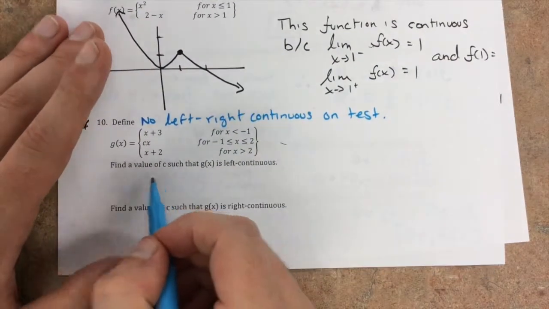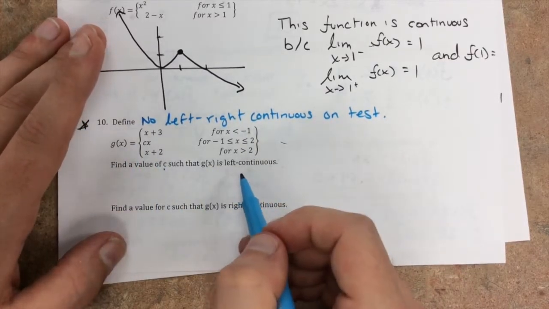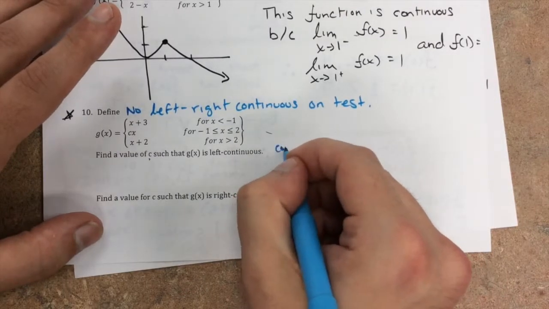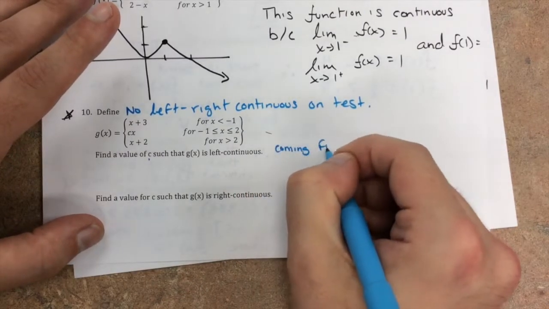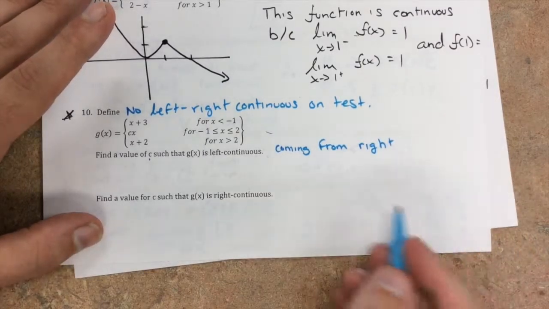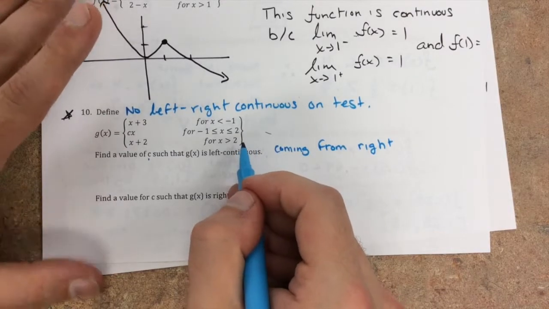So if I'm finding a value for c such that g of x, which is our function, is left endpoint continuous. Left endpoint means coming from the right. So if you are coming from the right, that means we're looking from our positive values.